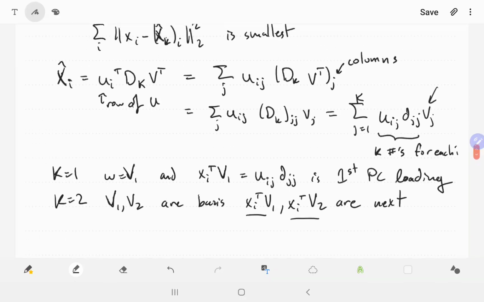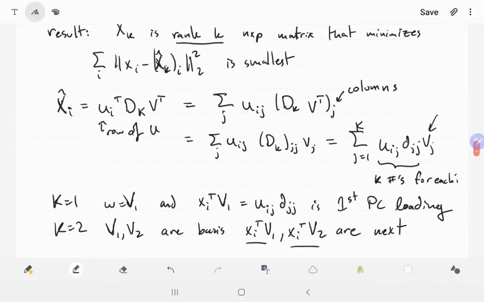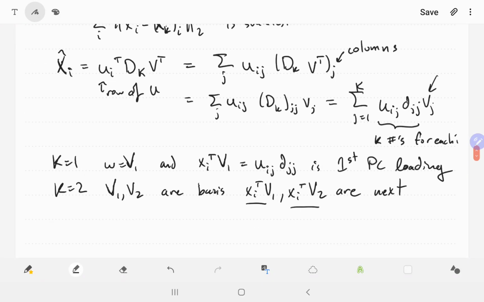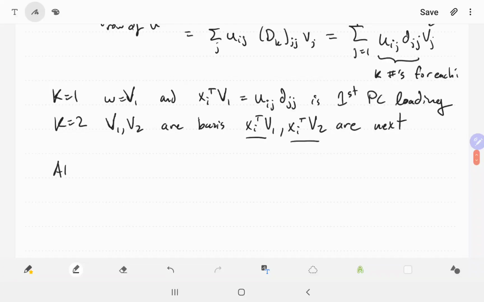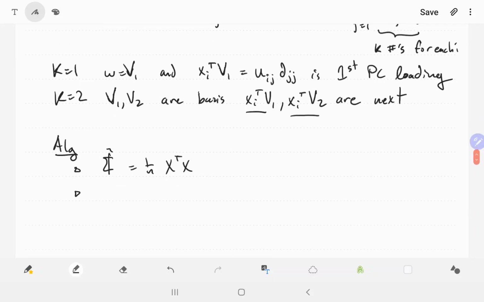Now let's think about the algorithm to actually do this. So the first thing we need is to compute our sigma hat, which is equal to 1 over n X transpose X after the X has been centered.